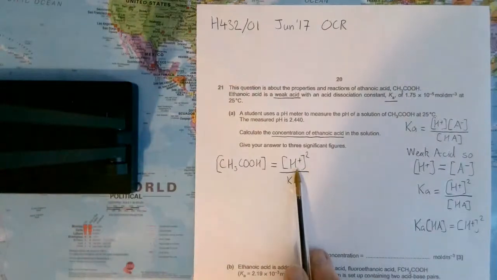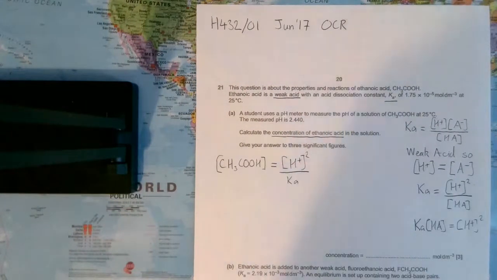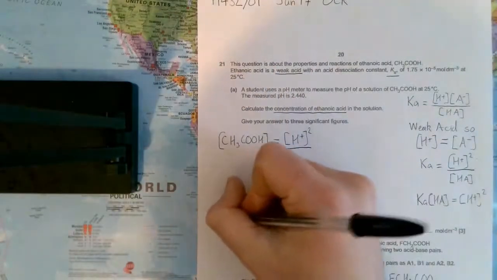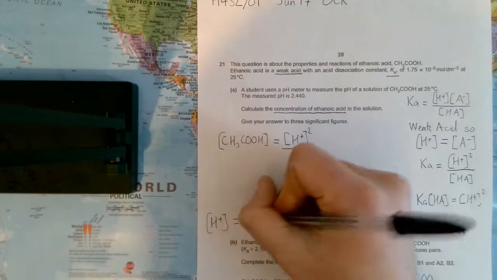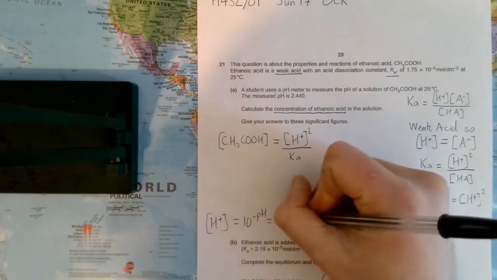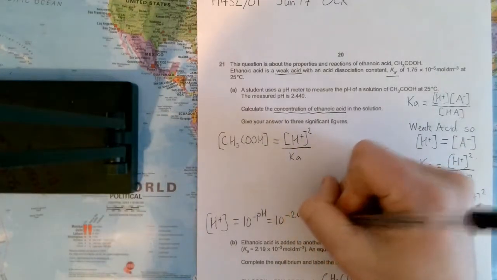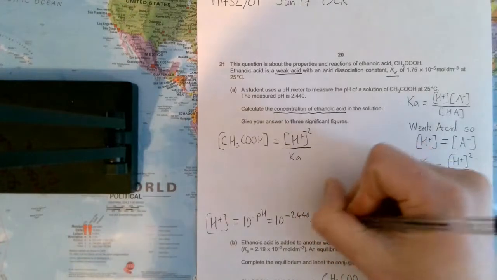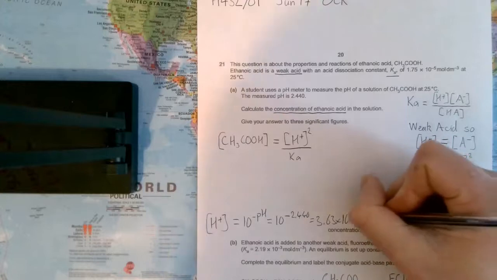Now we're not given the concentration of H plus, but we are given the pH. So the concentration of H plus is 10 to the negative pH, so that's 10 to the negative 2.440, which equals 3.63 times 10 to the negative 3.